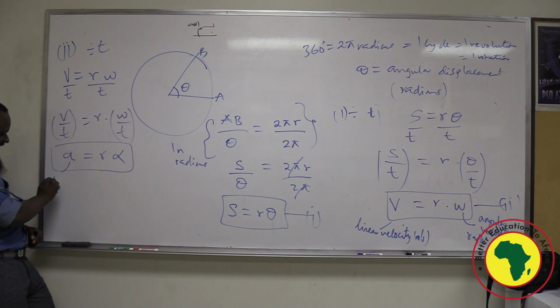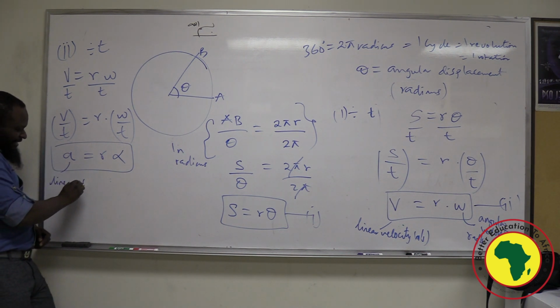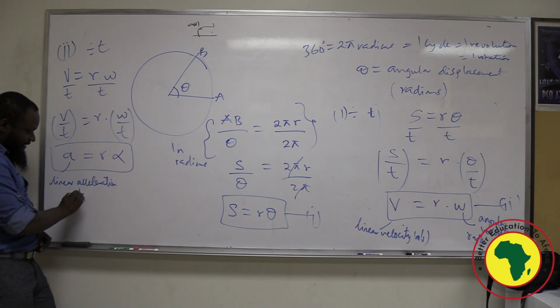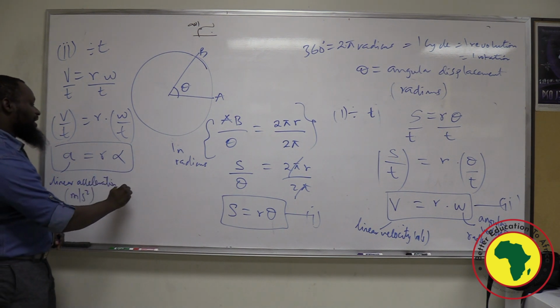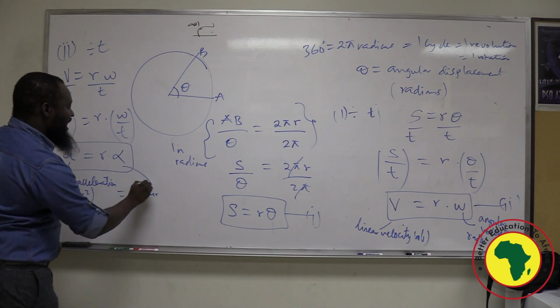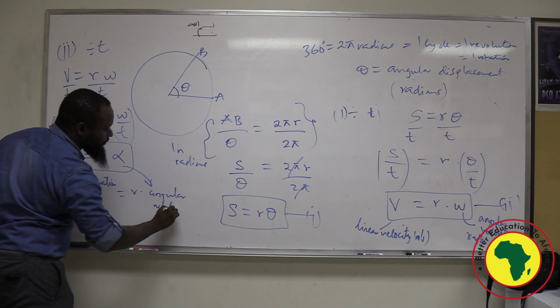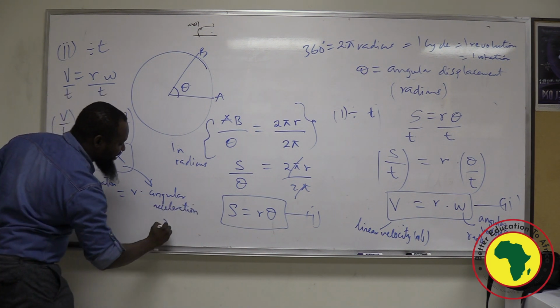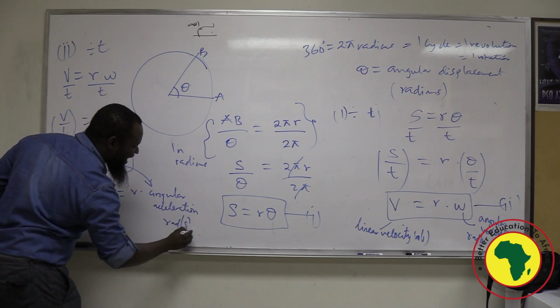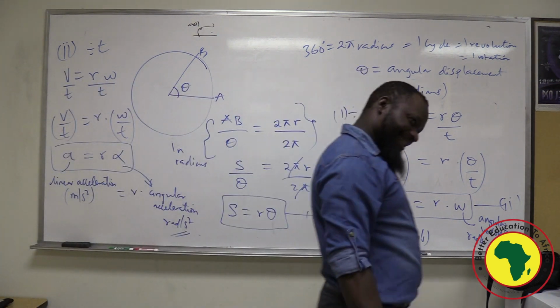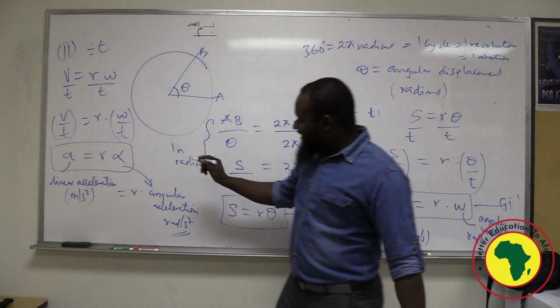So linear acceleration, measured in meters per second squared, equals R times angular acceleration, measured in radians per second squared. This is equation 3.